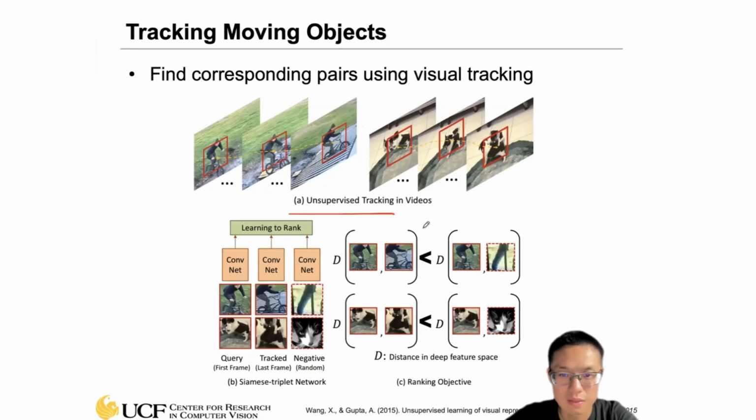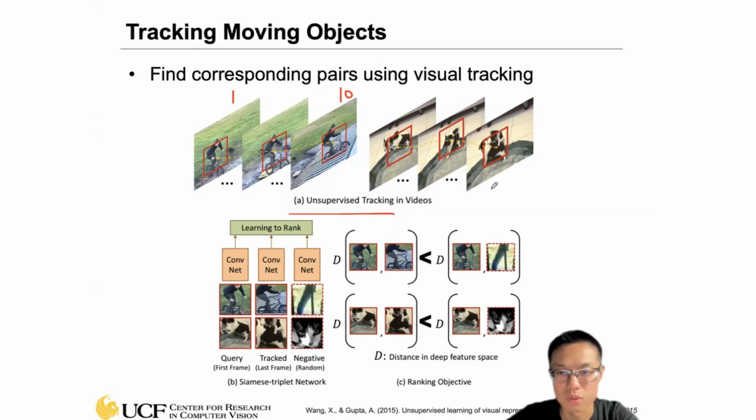Their idea is that, let's look at these two video examples. Let's say this is the first frame and this is the last frame. Maybe this is the 10th frame, and this is the last frame. Because we are doing tracking, the tracked object will most likely contain the same object. So if we input these two bounding boxes or patches into the network, in the feature embedding space they should be very close to each other.